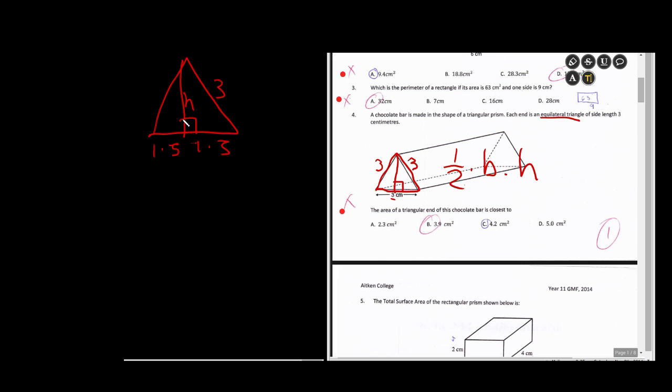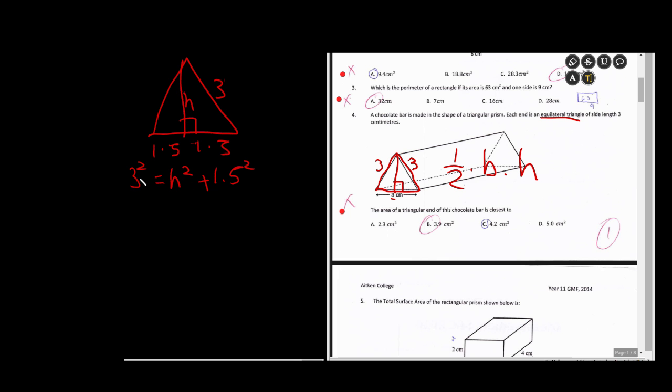Because we've got a perpendicular here, immediately we think of Pythagoras. So we know that this squared is equal to that squared plus that squared. So writing that out, 3 squared is equal to h squared plus 1.5 squared. So we want to find h on its own, so we'll rearrange this using algebra.